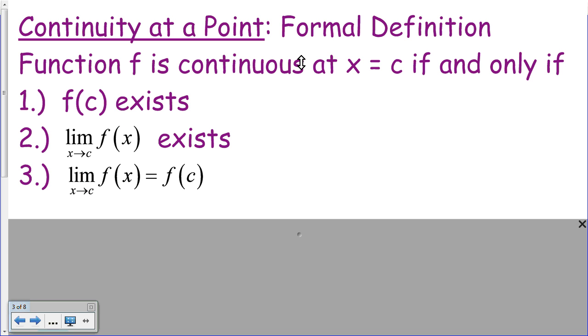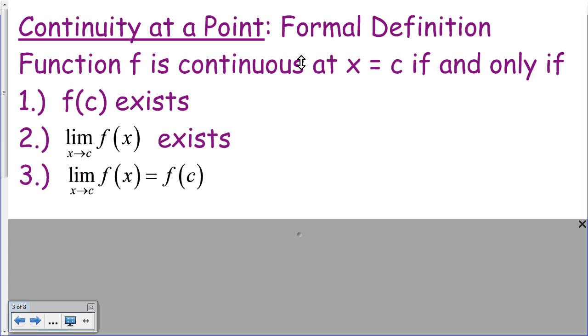And finally, the third part of this definition is that the limit as x goes to c of f of x is equal to f of c. In other words, the previous two have to be equal to each other. So the function has to exist, the limit has to exist, and they have to equal each other, is basically what this definition says. Those three things have to happen.